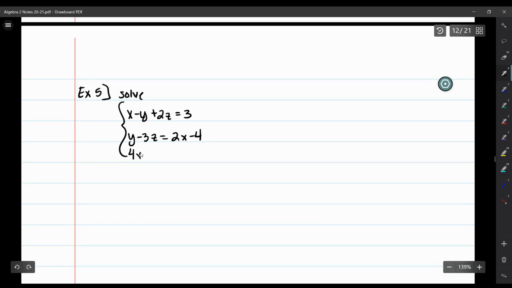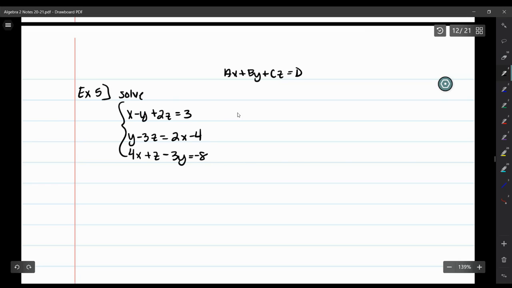And we have 4x plus z minus 3y equals -8. So normally we can just go and put this right into the matrix. But our problem is not everything is in standard form. So remember, standard form is ax plus by plus cz equals d. All your variables on the left, your constants on the right.